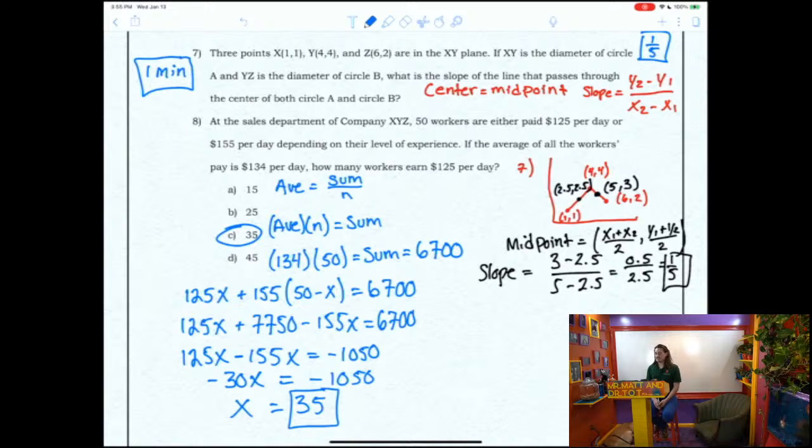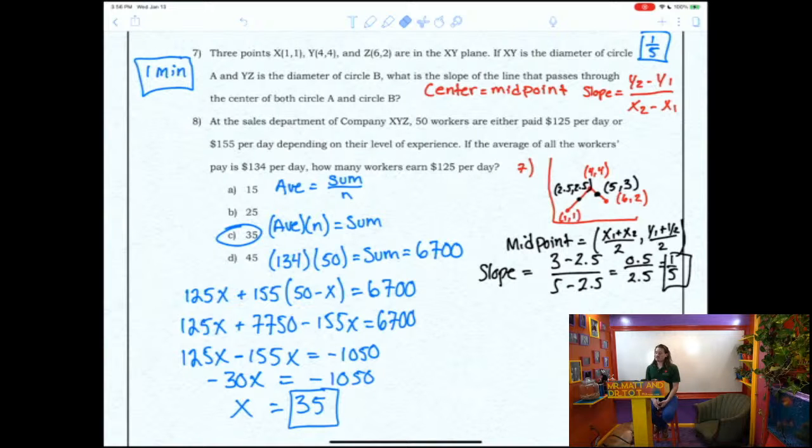For circle B, if we take 6 plus 4, the x-coordinates, we get 10, divided by 2 would be an x-coordinate of 5 for the midpoint. For the y-coordinates, we get 4 plus 2 is 6. 6 divided by 2 is 3. So I'm just taking the average of the x-coordinates and then the average of the y-coordinates to find the midpoint.